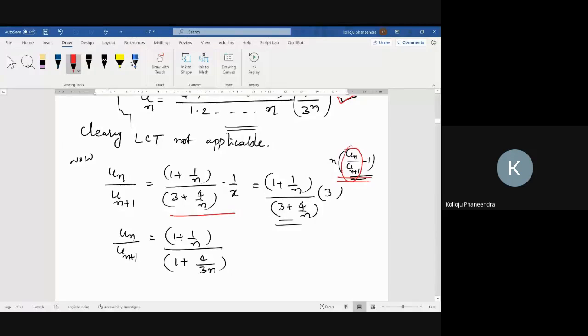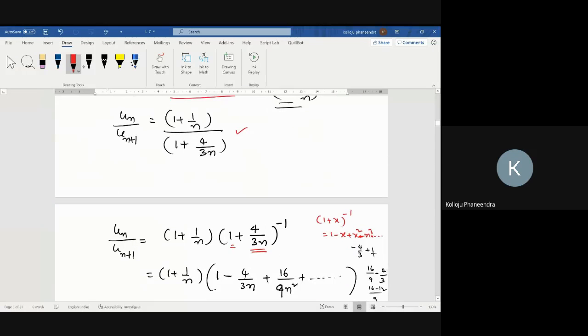Next one, let me say at x equal to 1 by 3. At x equal to 1 by 3, I have substituted here and simplified here. Now I have to subtract 1 here, right? For that, let me simplify this expression, taking this denominator to numerator, whole power minus 1, and use the series expansion formula, 1 plus x whole power minus 1: 1 minus x plus x square minus x cube, and so on, where 1 is here and x is here, for the second term only.